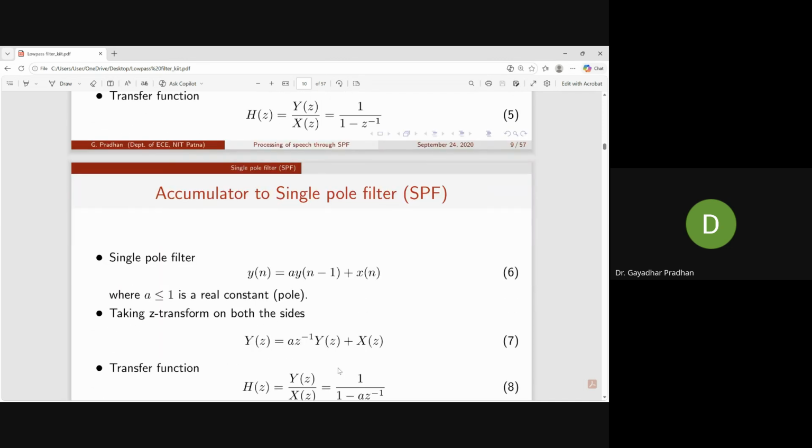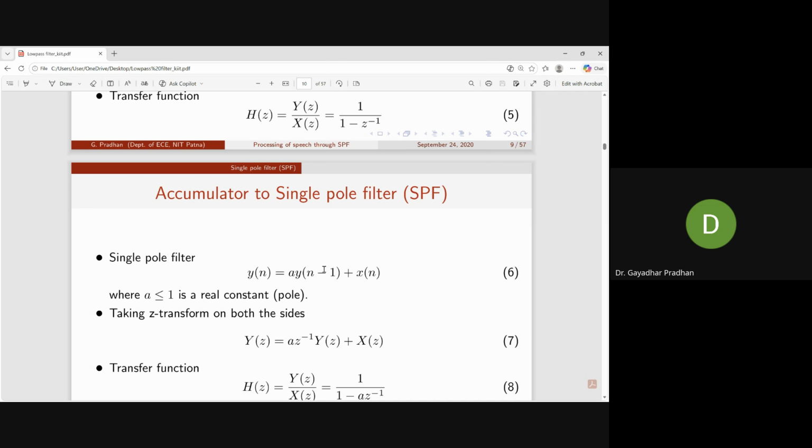Now it is a single pole filter, because I have only one root. It is an IIR filter. There are two types of filters: FIR and IIR. It is not that an IIR filter is always unstable. An IIR filter requires less hardware because I have only one multiplier and one delay.